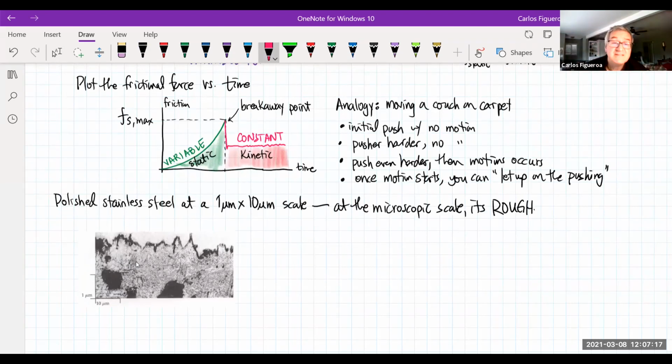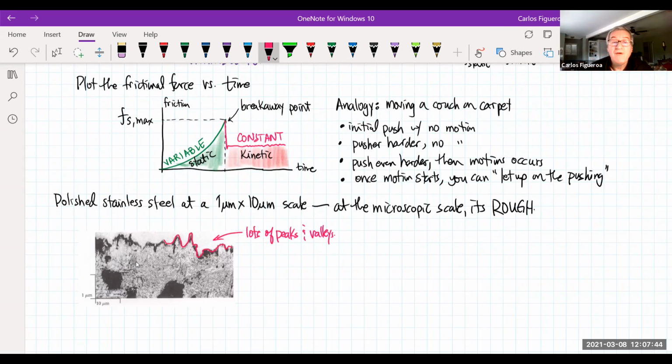If you look at this, you can see that there are peaks, valleys, and this is polished steel, right? You have lots of peaks and valleys here.